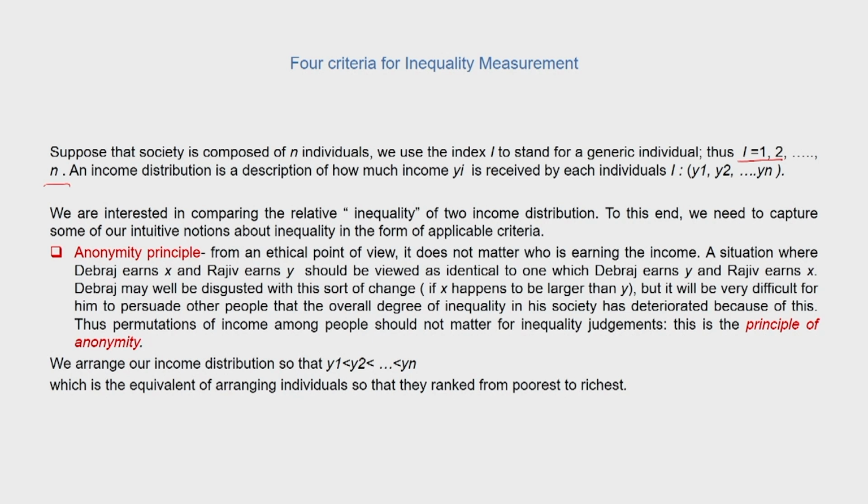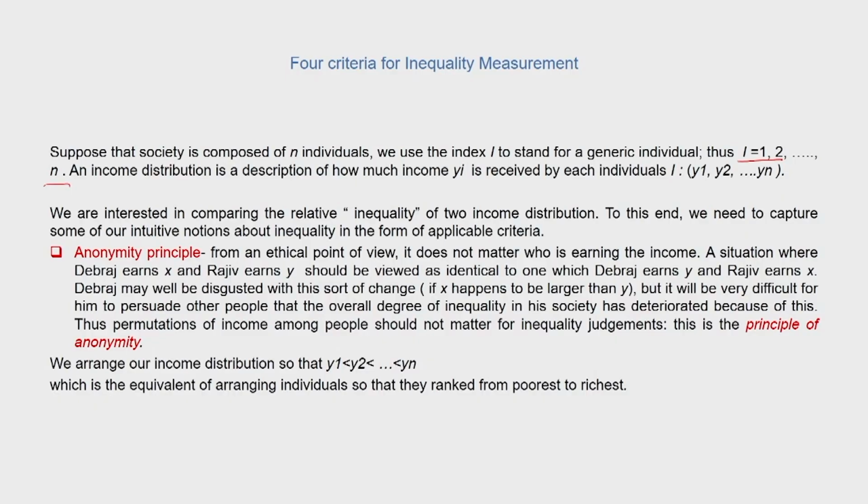So when we are measuring the overall levels of inequality, it does not matter to us who earns how much income, as long as we are able to order the levels of income based upon some kind of a sequence. So permutations of income among people should not matter for inequality judgments, and that is the principle of anonymity.